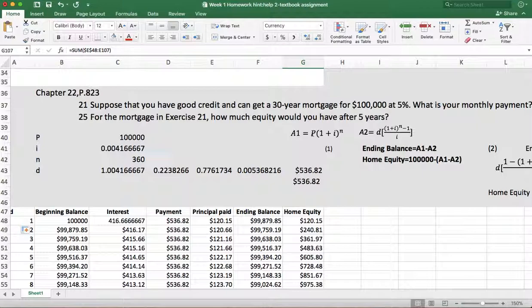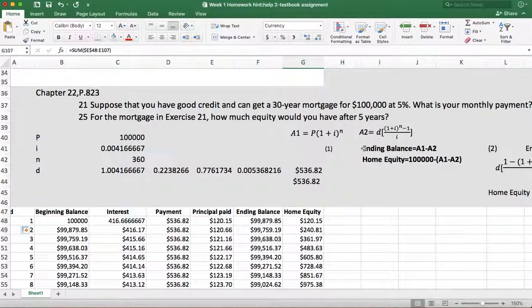This is the principal, the loan. After you borrow the $10,000, your loan keeps growing in the bank. The formula is this one. It keeps growing at the monthly rate of this.